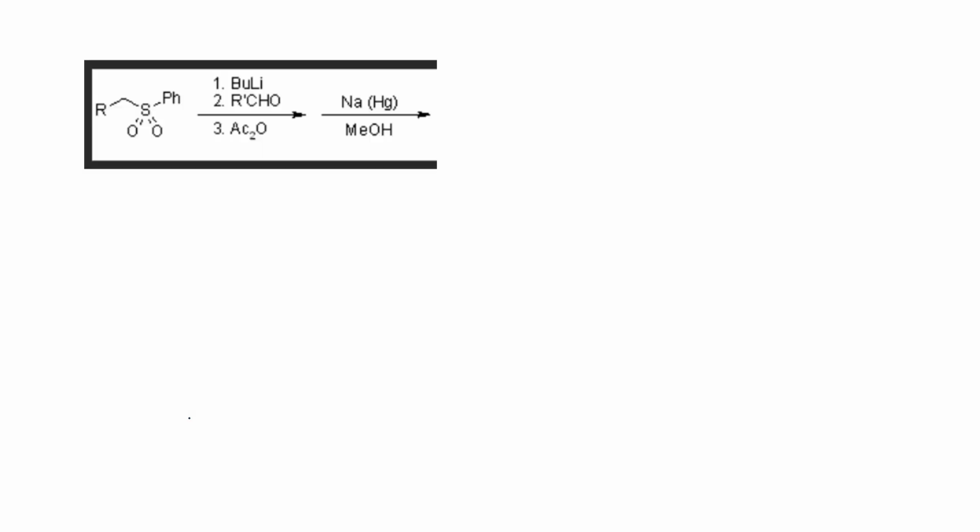Now let's try to solve this one. Butyl lithium is given, aldehyde and acetic anhydride. So what will happen? It will undergo Julia olefination reaction, because in the next step sodium amalgam is given. So you have to predict what will happen in the first step, then what will happen in the second step.